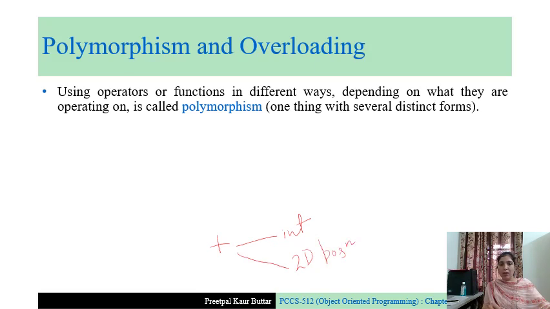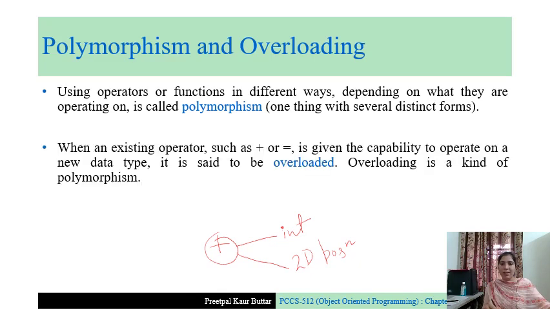So this is a single operator, but it can behave differently depending on whether it is operating on the int data type or on a 2D position. One thing but multiple forms. This is called polymorphism.